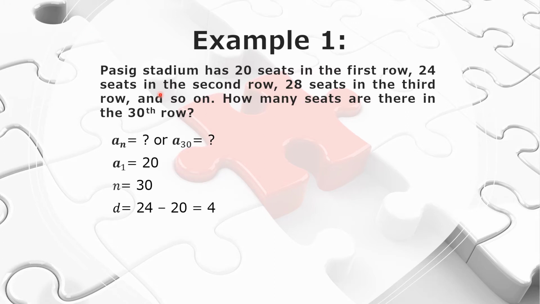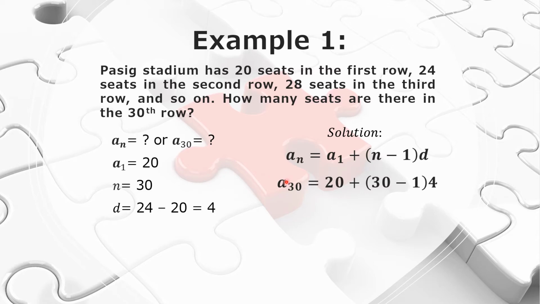So, gagamitin natin dito ay ang arithmetic sequence formula. So, ito yon. Then transform natin siya. A sub 1 is 20, n is 30, d is 4. Then, gagawin natin dito ay yung unahin natin dito yung naka-parenthesis. So, 30 minus 1 is 29.